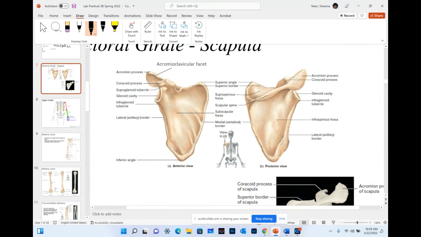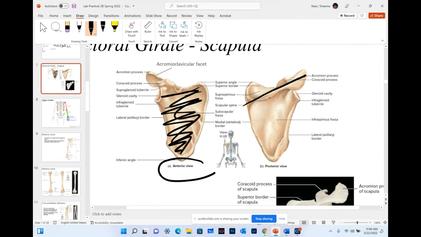The next bone is your scapula, as you can see in the diagram right here. Notice there is a spine part, and then you notice there is a smooth part. The smooth part is your anterior part, and the part that has the spine process is your posterior part.